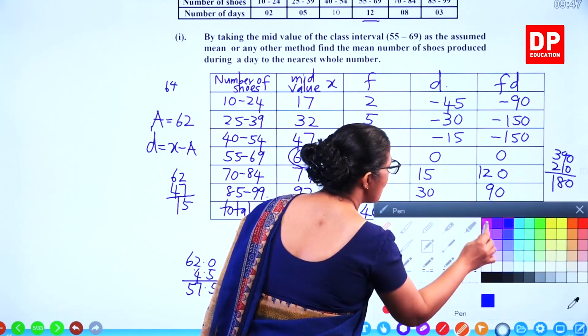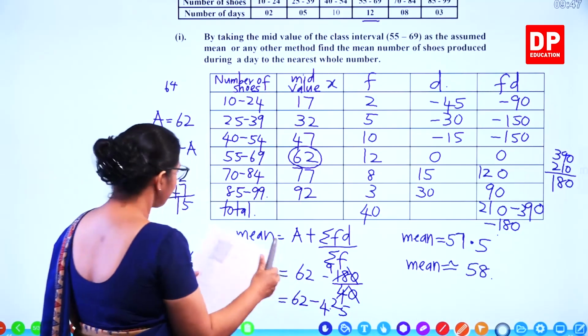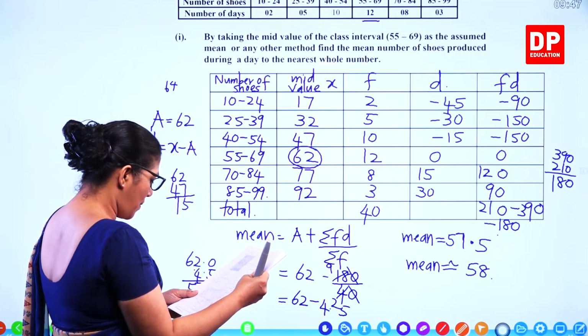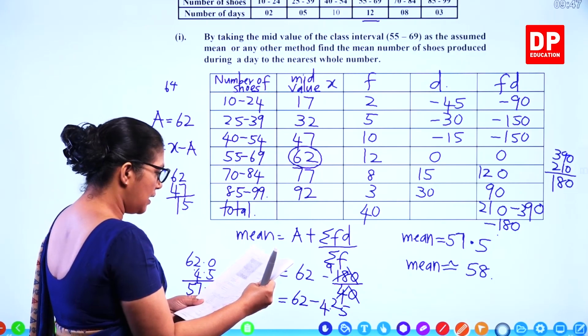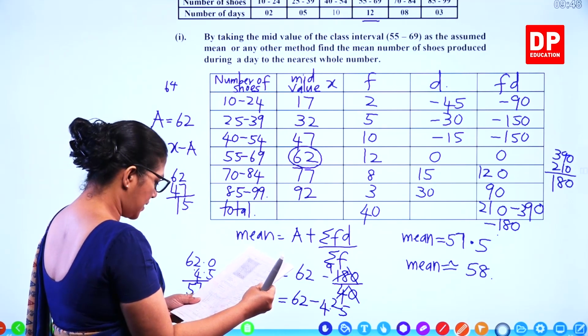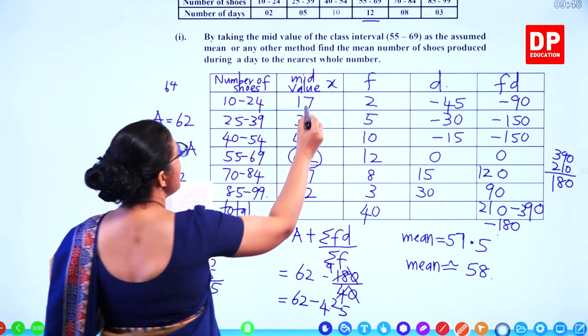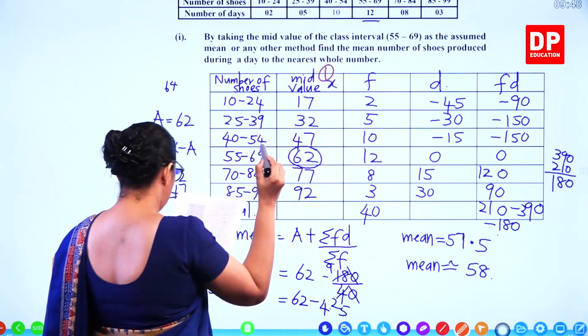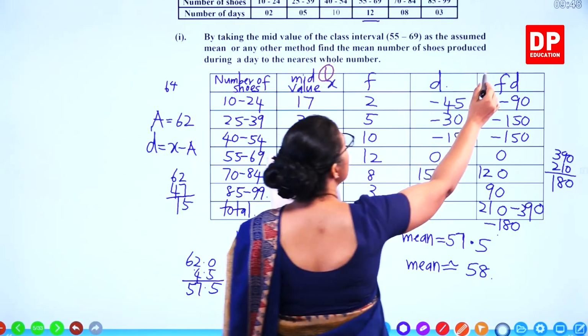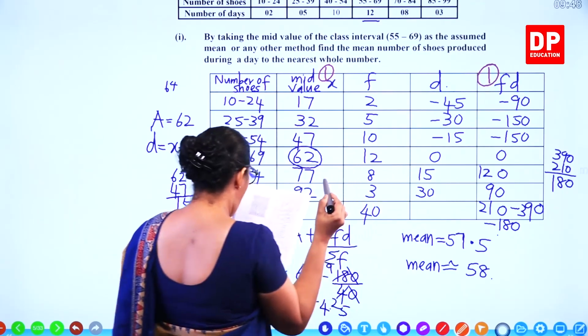So how many marks for this step? According to the marking scheme, you get 6 marks for that. Mid value 1 mark. Calculating FD 1 mark.